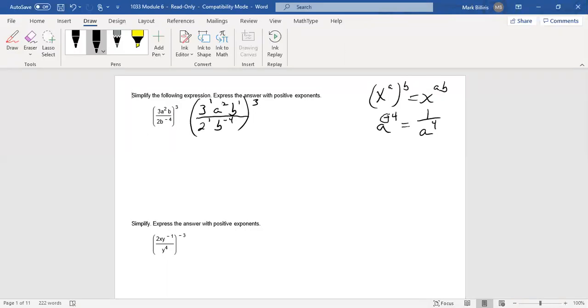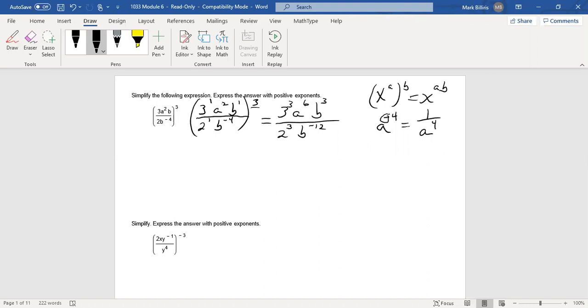I do that to remind me and you that every single factor has an understood exponent of 1 if it's not shown. Because when we're using this power rule, we're going to multiply the exponents. So this becomes 3 to the third power by multiplying the exponent 1 times the exponent 3. Then a to the sixth, b to the third, over 2 to the third, b to the negative 12th.